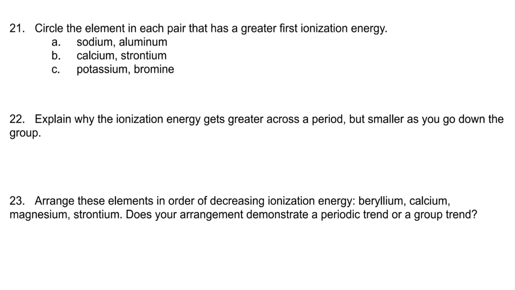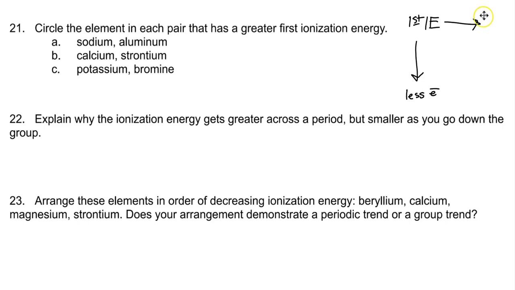Okay, circle the element that has the greater first ionization energy. So you'll recall first ionization energy, we talked about this, is the energy required to remove a single electron from an atom. Okay, so how much energy it takes to strip one down. As you go down a group, it takes less energy to remove electrons. Why? Because you're getting further from the nucleus, a further distance away, and you also have greater shielding from those core electrons. As you add rings, you get more and more stuff in between, more electron shielding.